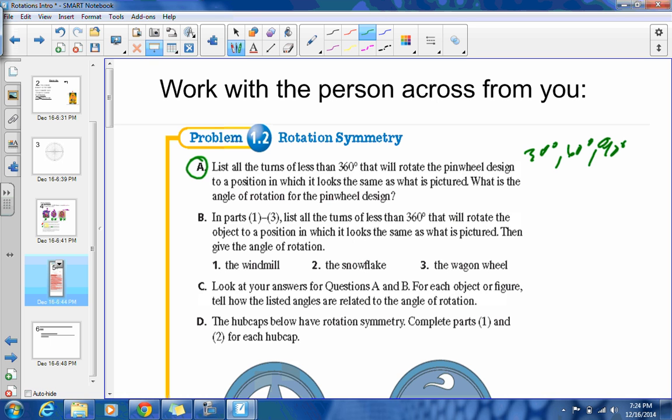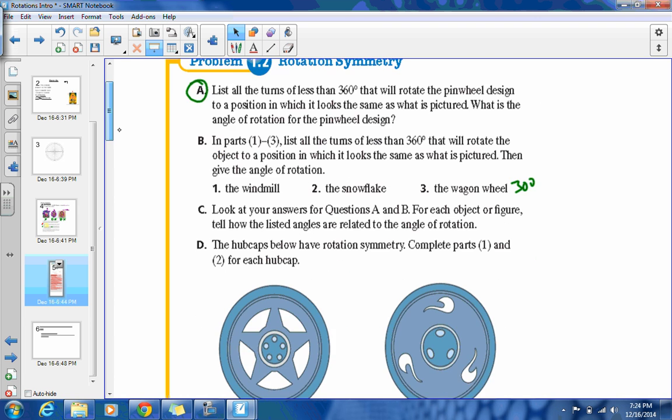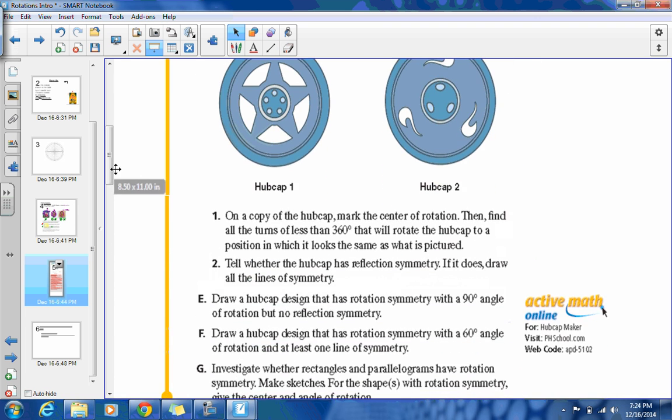And the angle of rotation is the smallest one, so that would be 30 degrees. All right. So actually, now I lied to myself. That should be for this one. The angle of rotation should be 30 degrees for the wheel of the wagon. The pinwheel, that's another story. All right. We'll just skip down here. Let's do one more.